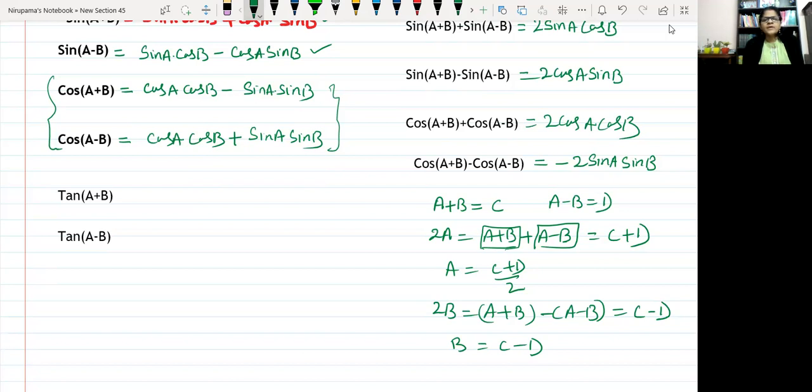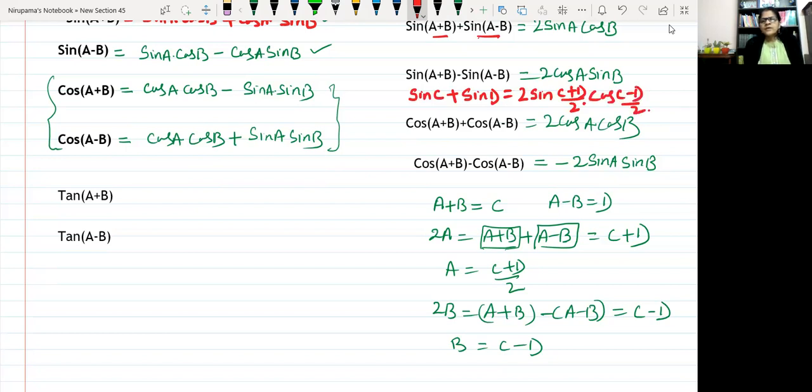Let me use a different color to differentiate this. Now here I can write sin C plus sin D. That will be 2 sin C plus D by 2 into cos C minus D by 2.